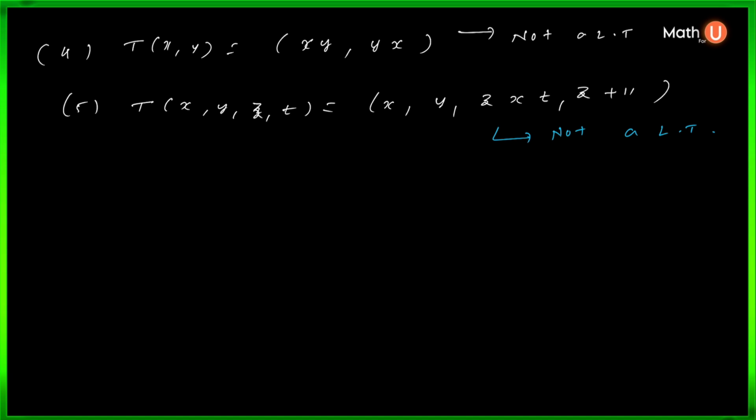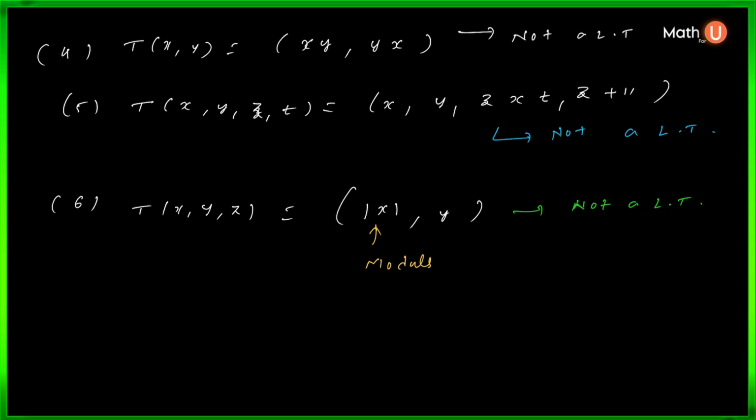Okay, next, sixth, if T of (x, y, z) is equal to (mod of x, y). Here modulus is there. It is also not a linear transformation, because the scalar multiplication property is not satisfied here.